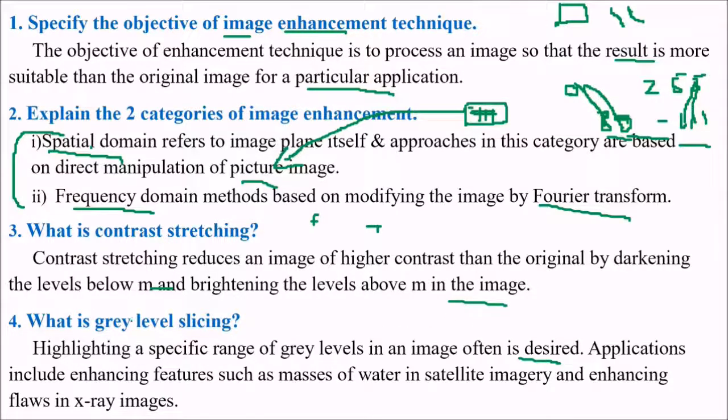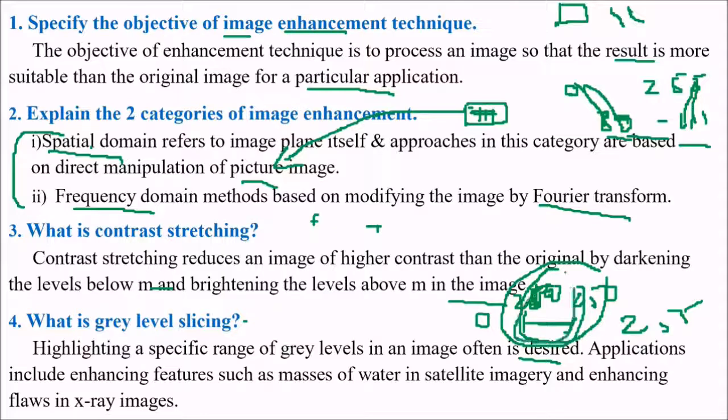So what you do here is, if this is the range, say 0 to 255, you are interested only in the range of say 200 to 250. So just enhancing or slicing and enhancing this part, 200 to 250, is the gray level slicing, because you require information in these gray levels which are more prominent.